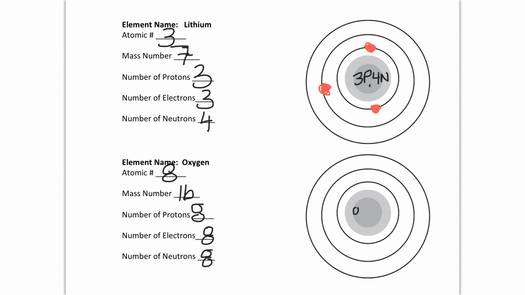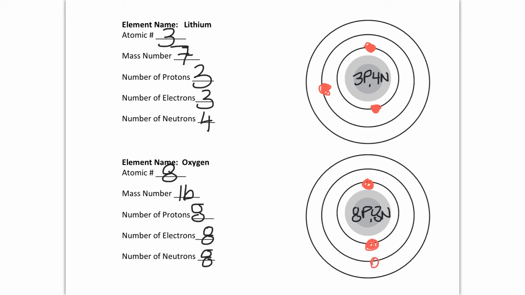So we write 8p, 8n. All right, 8p, 8n, and now we have to put in our electrons. Remember, the first 2 go in the first orbital, first energy level, sorry. And then the next, we can put up to 8 in the second level.